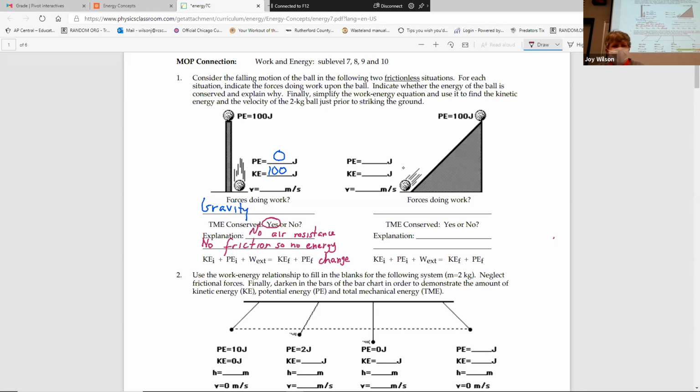So our equation would be kinetic energy plus potential energy. We don't have work done because gravity's in our situation. We have the earth, we have the ball, that's our system.